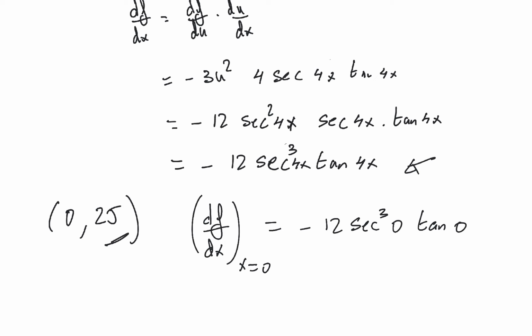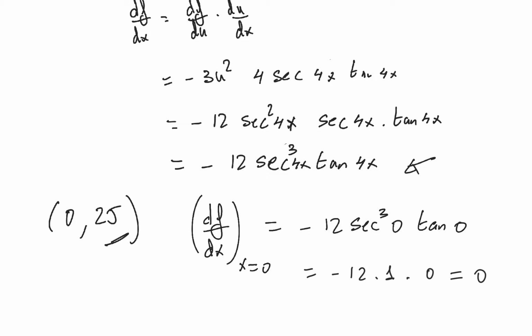Now, this is minus 12, secant cubed of 0 is 1, because it's 1 divided by cosine cubed of 0. Cosine of 0 is 1, so 1 divided by cosine cubed of 0 is 1. Multiplied by tangent of 0, which is 0, so this will be 0. So it means that the slope is a horizontal slope.